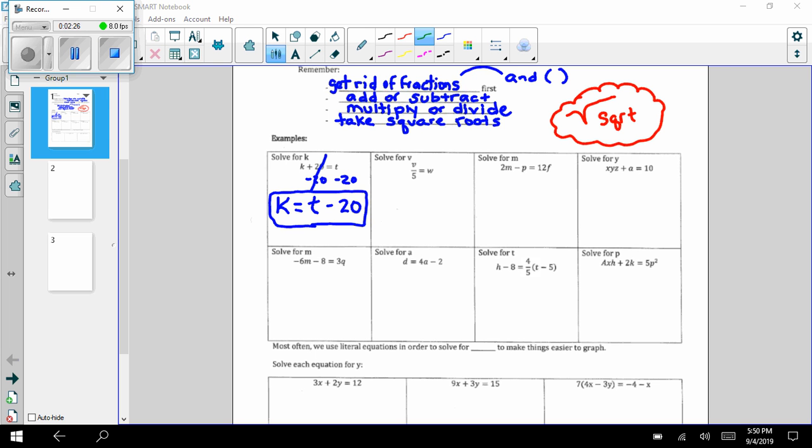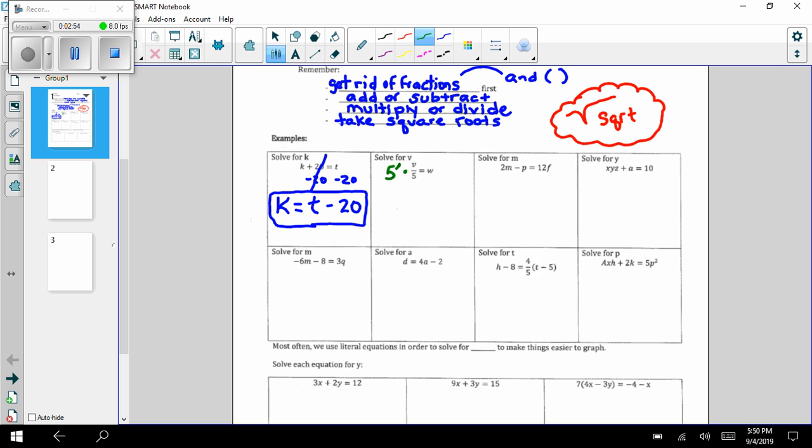Our second example, you always want to read the directions up at the top because, again, these equations are going to have more than one variable in them. This one says to solve for v, so we want to get v all by itself. So ask yourself what's happening to v. Well, in this equation, v is being divided by 5. We need to do the inverse or opposite operation of divide by 5, which we know is multiply by 5.